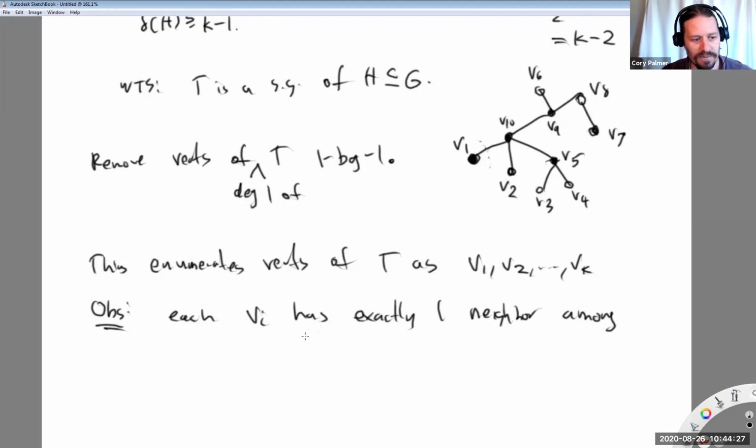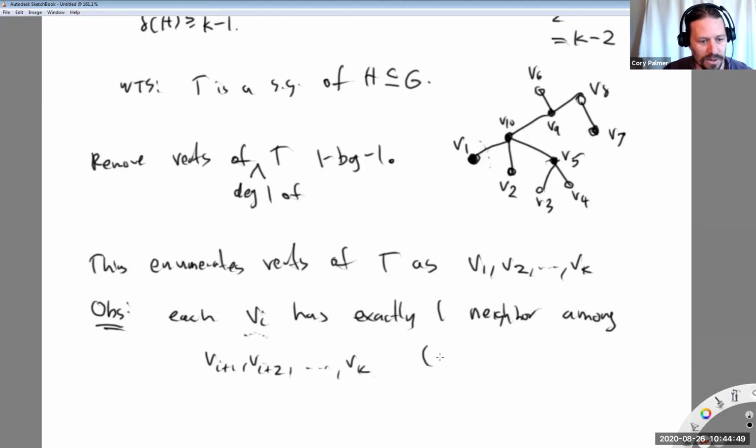So where does the neighbor of VI live? VI may have more than one neighbor, but it definitely has exactly one neighbor in some special subset of the vertices. It's the greater indexed vertex. Precisely, the later to be removed vertices. So it has exactly one neighbor among VI plus 1, VI plus 2, all the way up to VK.